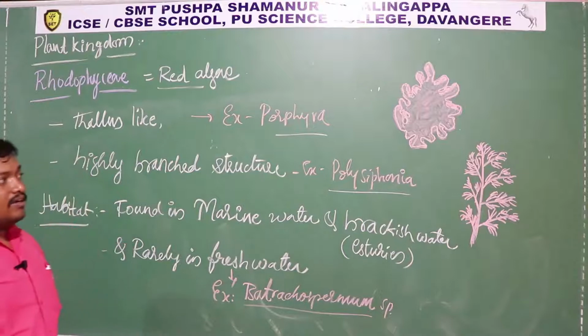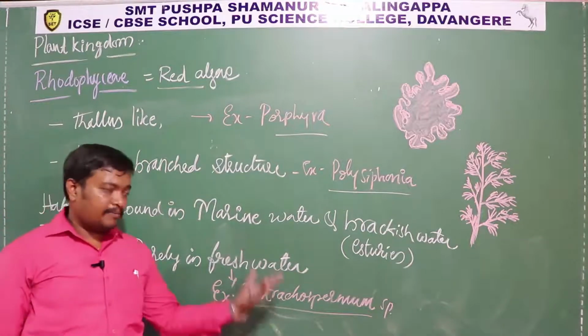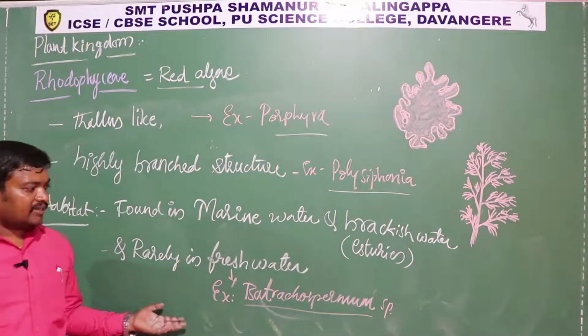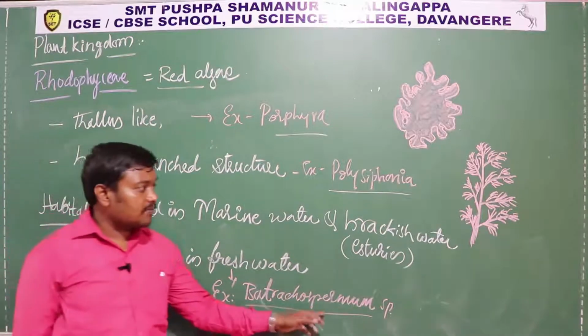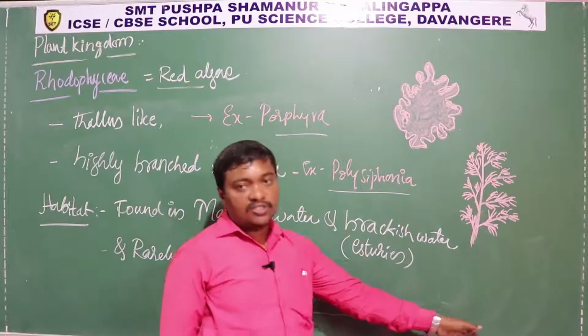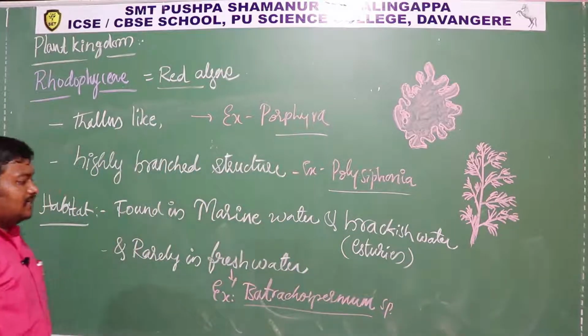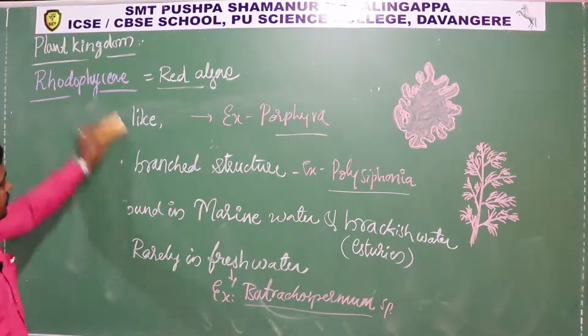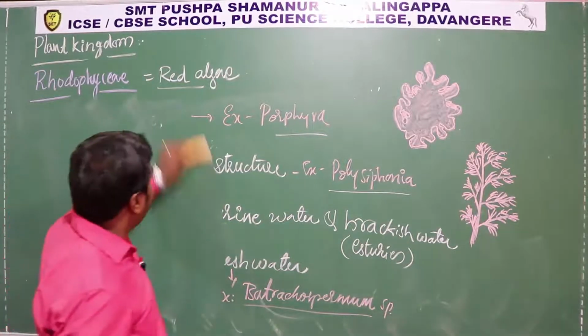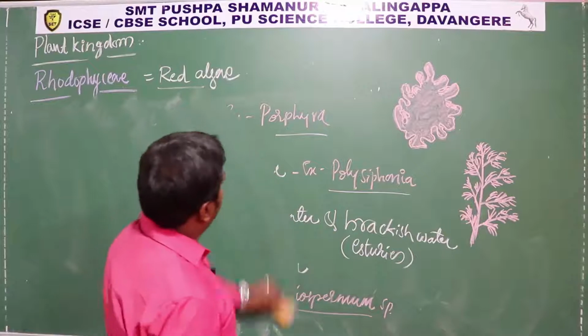So red algae are found in marine water and brackish water, and very few like Batrachospermum are fresh water forms. This Batrachospermum also has a more branched structure. So this is about where you find red algae.